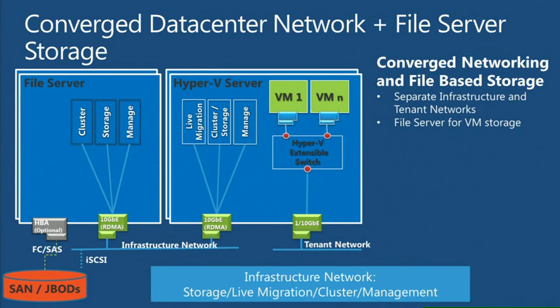So depending on the traffic profiles that you see for your tenant workloads, it may not be that bandwidth intensive, so you might not need the expense of a 10 gig NIC here. You would have to assess the type of workloads you expect to host in your private cloud infrastructure.